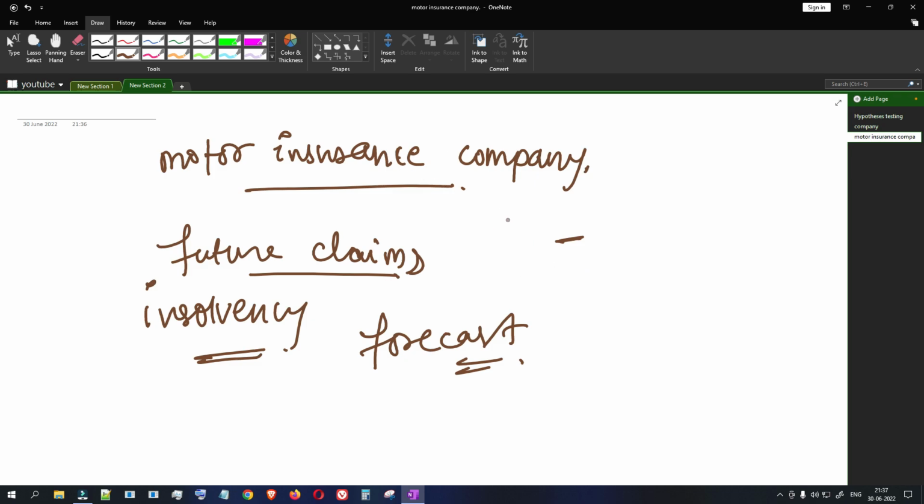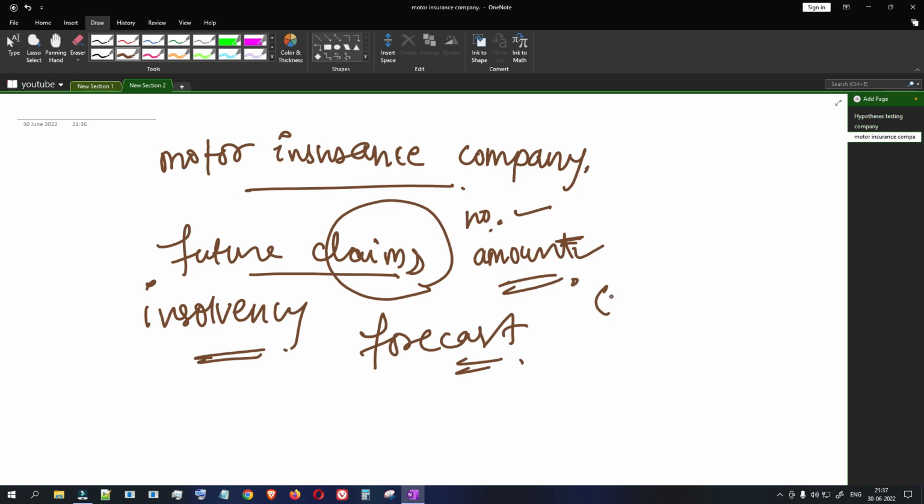So the company wants to predict these claims. Basically, it could be the number or it could be the amount. That's pretty sure that the number or the amount, whichever the company will predict, will not match the exact amount accurately. That's obvious, but we can at least get an approximate value. So this is what we are looking for.